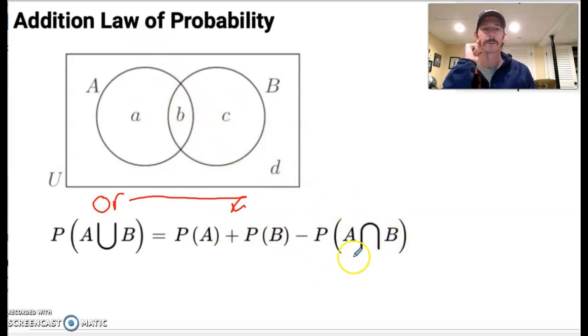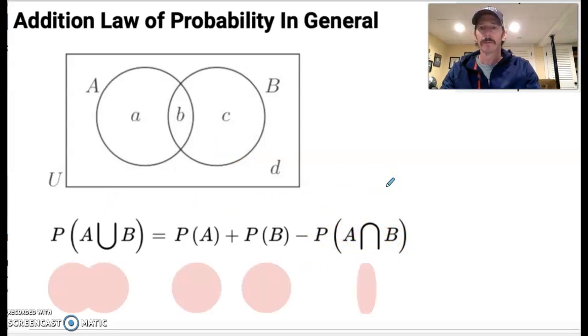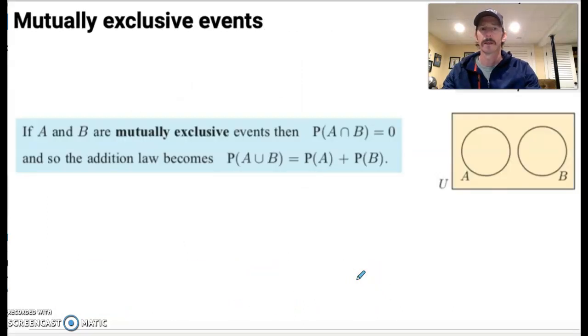So that's why this minus the intersection is happening. And this is the picture. Union A and B is all that. There's A, there's B, and I have to take away this, because it's counted here and it's counted here. So it's counted twice, so I need to take one of them away.